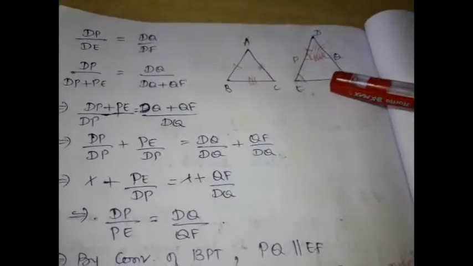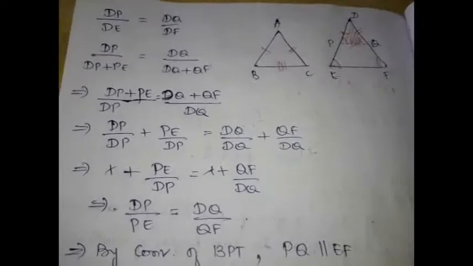So this shows that if the corresponding sides of two triangles are in proportion, automatically the corresponding angles will become equal, so the two triangles will become similar. So from these two theorems, what we infer: initially we stated that only if corresponding angles are equal and the corresponding sides are in proportion, the two triangles will become similar.